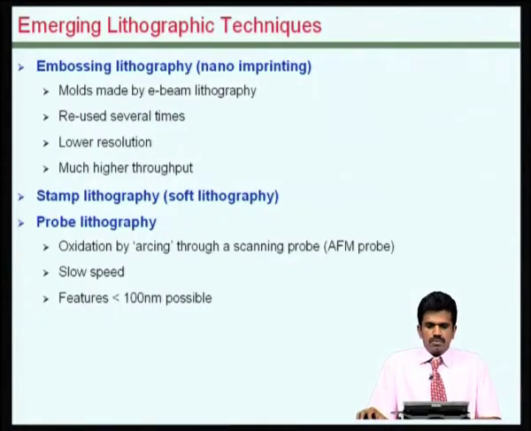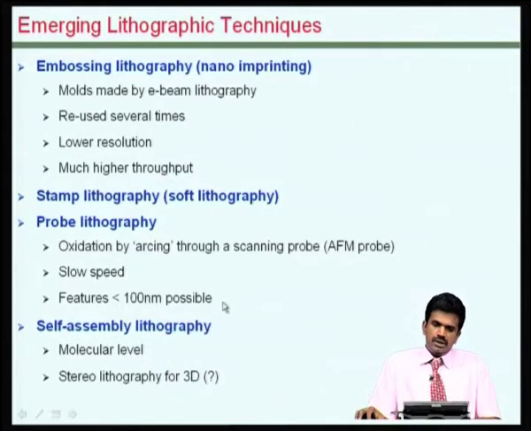It is also possible to use a technique known as probe lithography, which essentially uses oxidation by arcing for the pattern transfer. In building microsystems, or strictly speaking even nanotechnology based systems, it is possible to use what is known as self assembly for their overall structure.